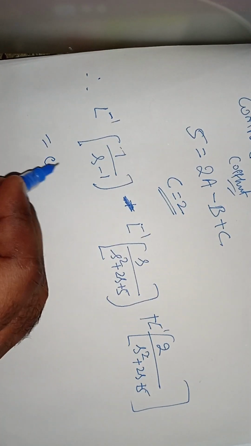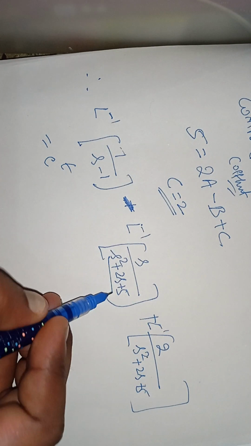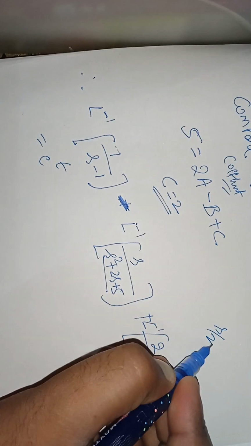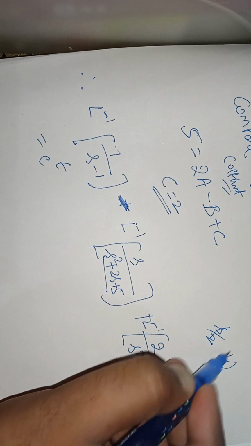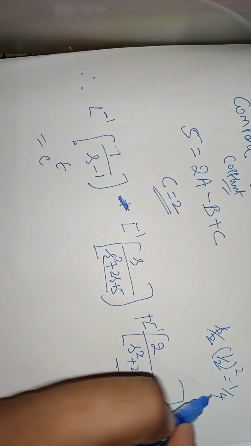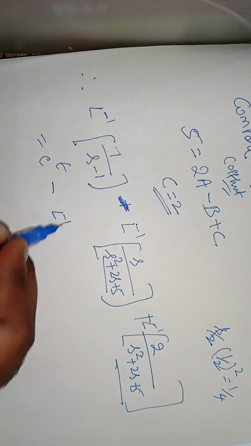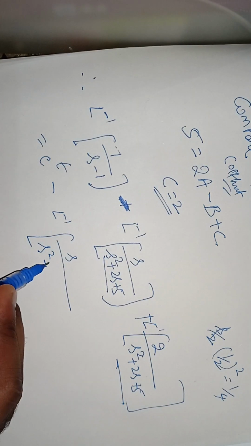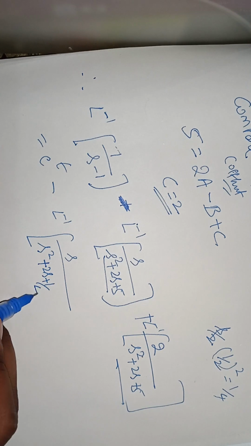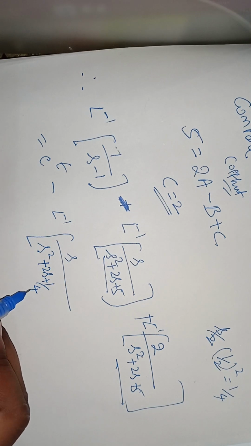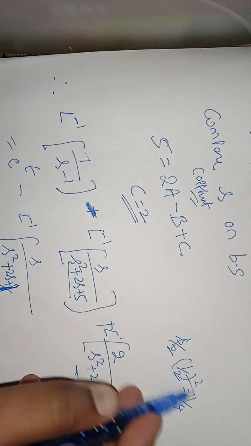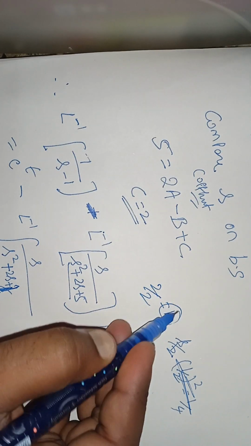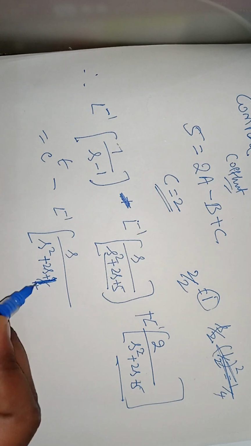The first term you can write directly as e^t. This one you have to do by completing the square. Coefficient of s is 2, half of it is 1, whole square is 1, so you add and subtract 1. So you get L inverse of s divided by (s² + 2s + 1 − 1 + 5).